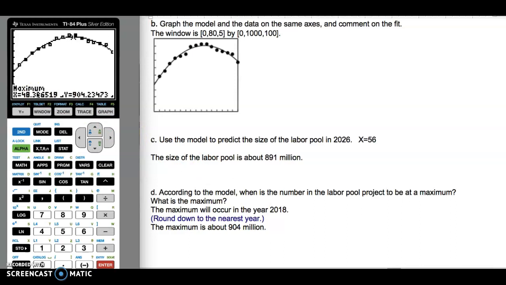So 1970 plus 48, that will be 2018. So the maximum will occur in the year 2018, and during that year, the labor pool will be, from the Y value, 904 million. And so that's it for this video.